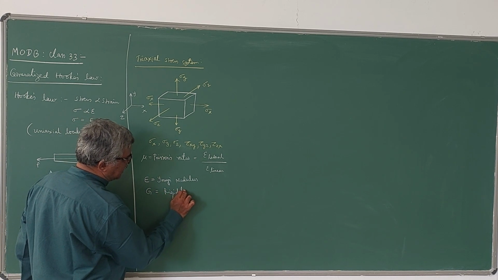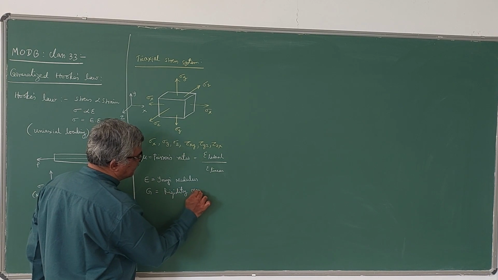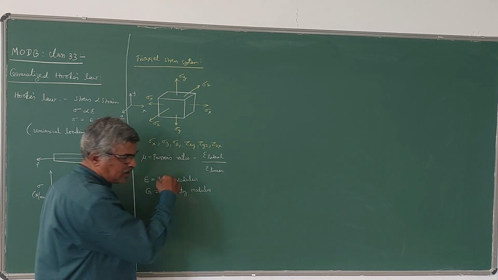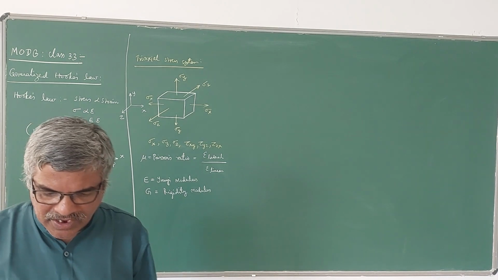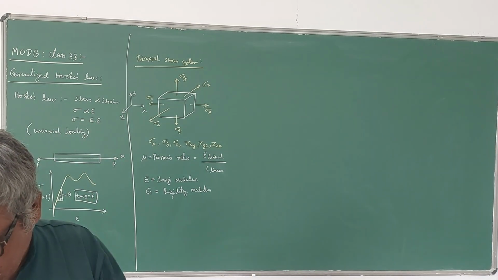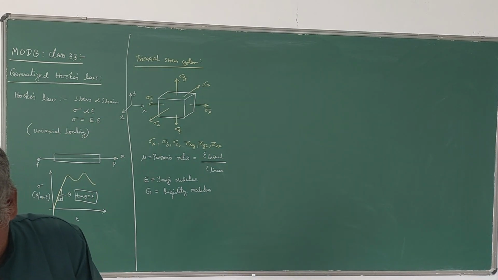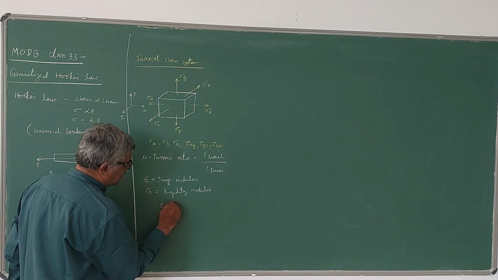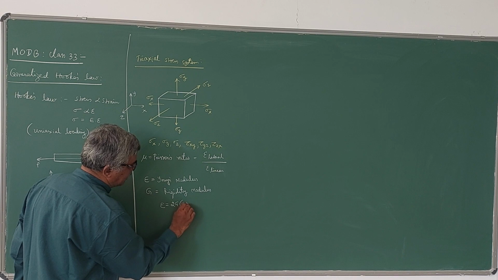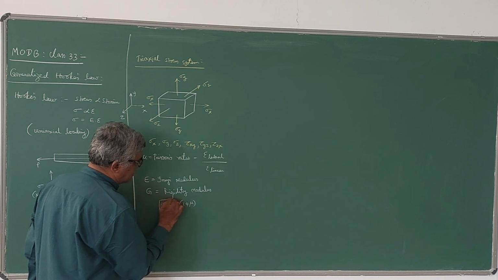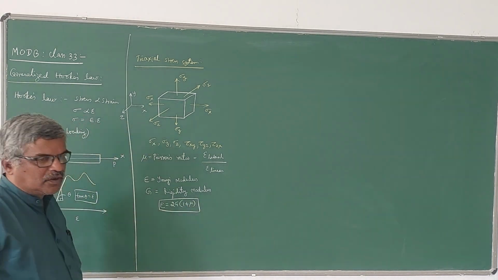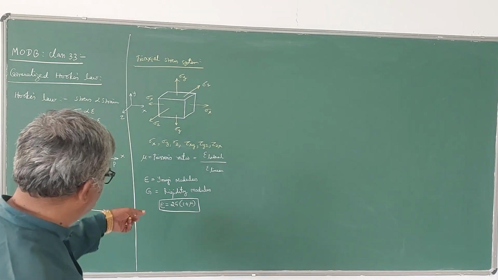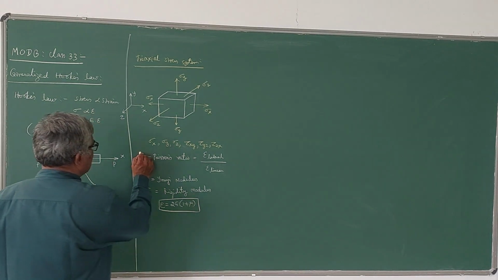We know the relationship between these three elastic constants in this form: E is equal to 2G into 1 plus mu. All these you have learned in your undergraduate strength of materials course. This is the relationship between these 3 elastic constants.